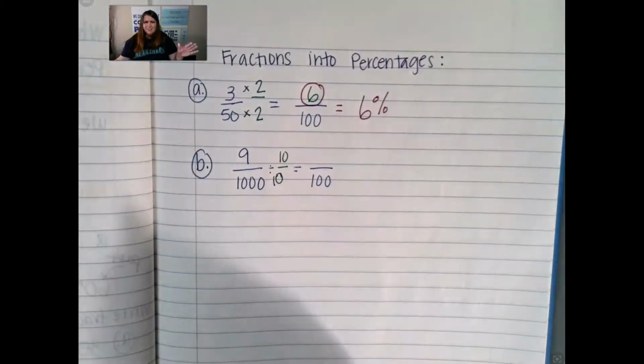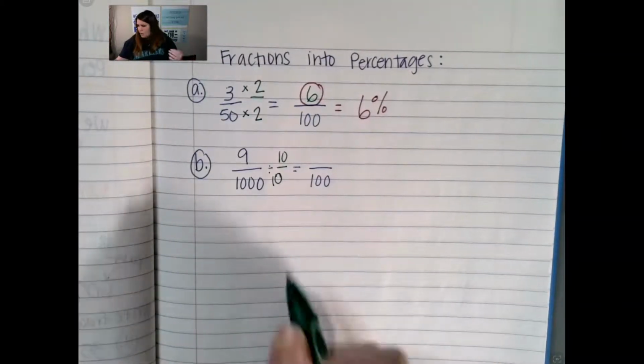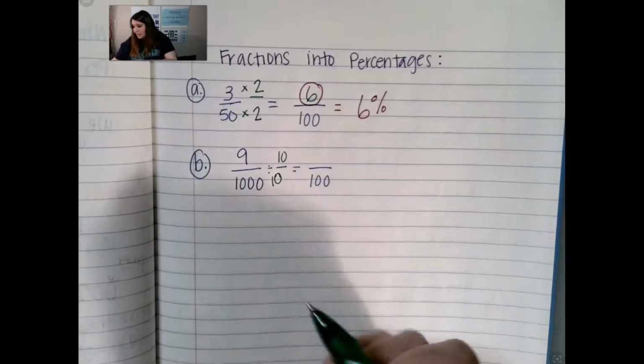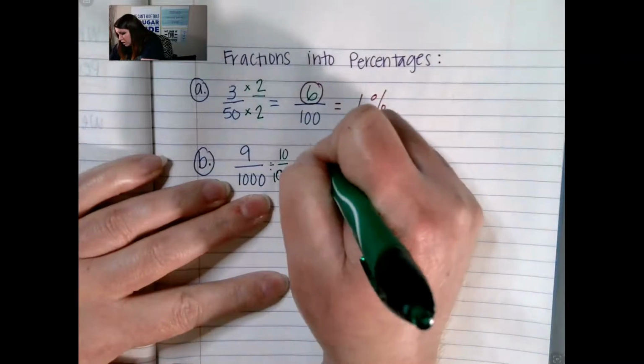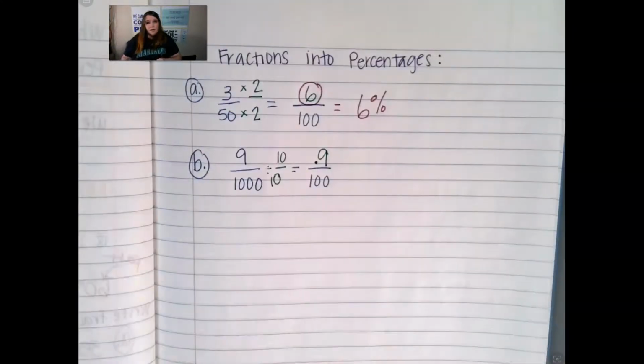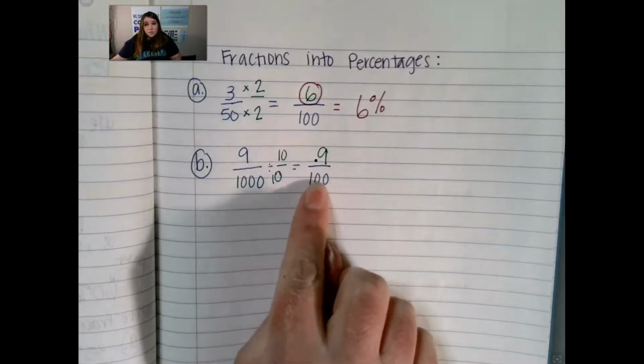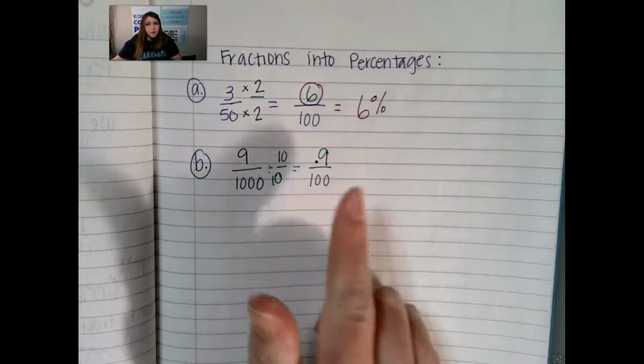Okay, what? 9 divided by 10? Well, 9 divided by 10 gives me 0.9. This is a weird number.